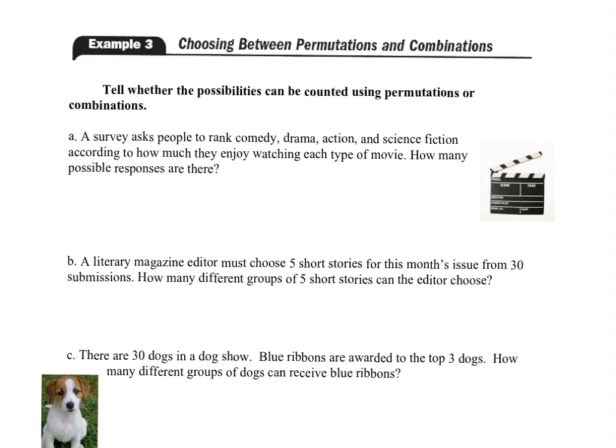If I order a pineapple and pepperoni, or I order a pepperoni and pineapple, I'm going to get the same pizza no matter what. It does not matter what order I give them the toppings in. Or let's take another pair of toppings. If I get mushroom and pepperoni, that would be the same pizza as if I order pepperoni and mushroom. The order that I say those toppings in does not matter.